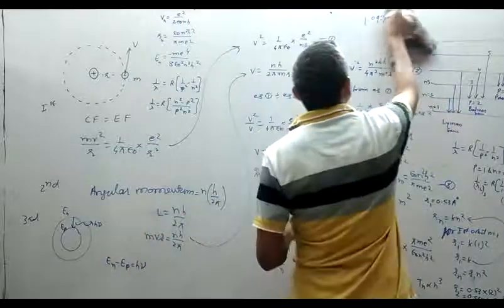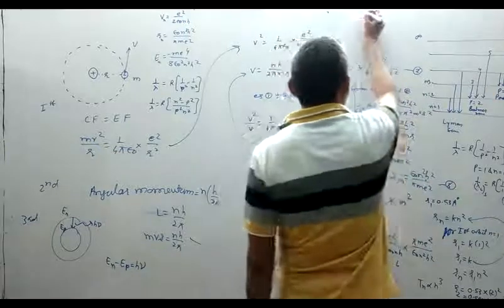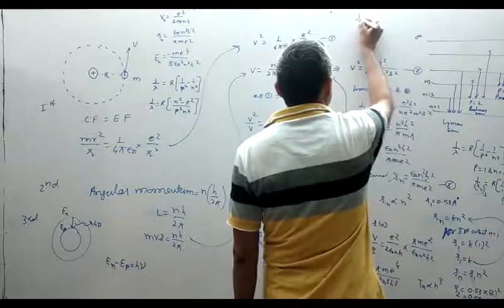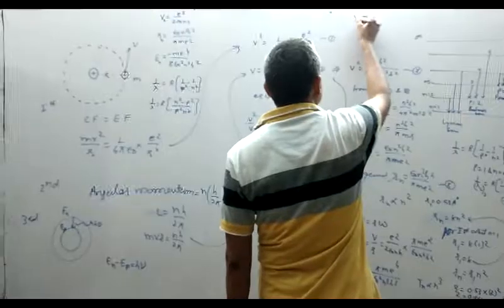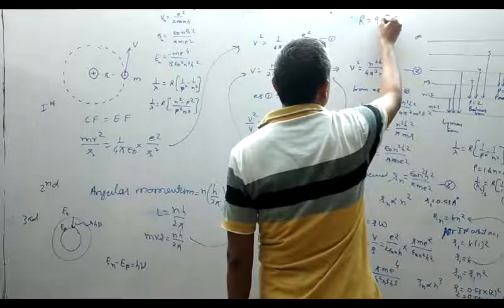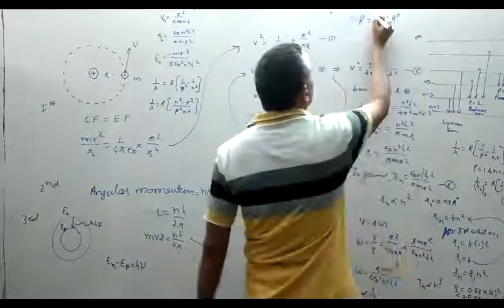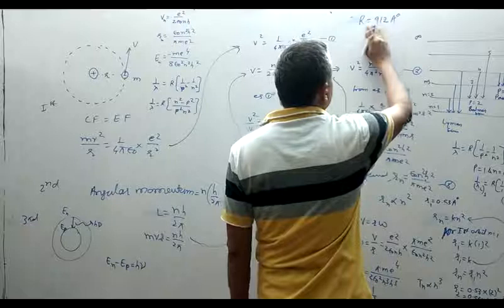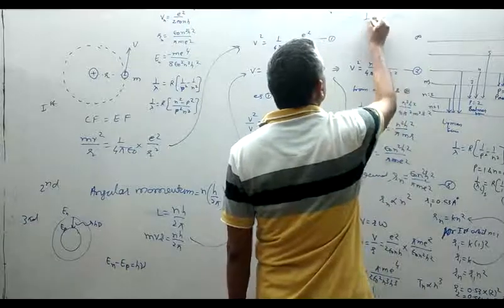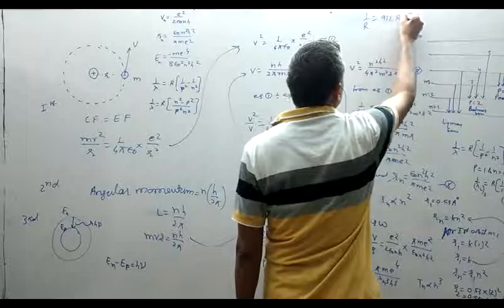When we substitute this value, 1 upon R is obtained as 912 angstrom, that is 0.912 times 10 to the power minus 7 meter.